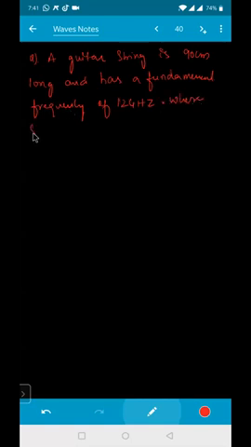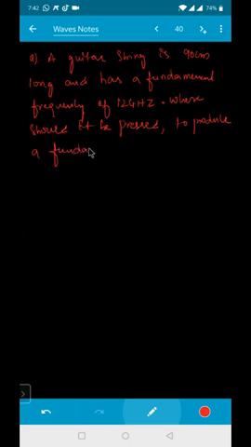Where should it be pressed to produce a fundamental frequency of 186 hertz?